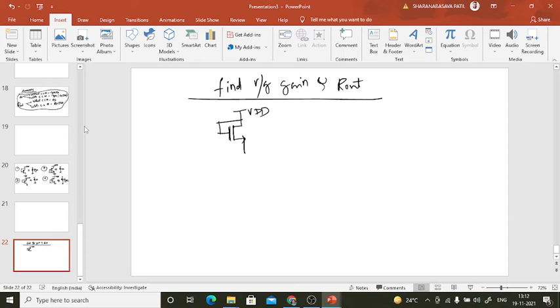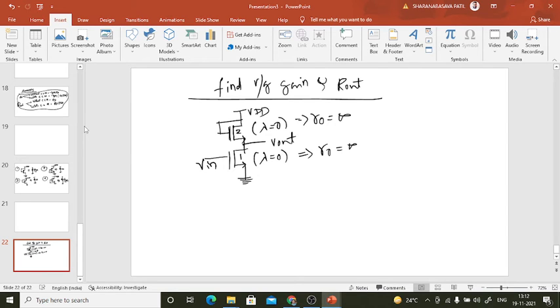We are giving Vin to this MOSFET 1, and this is MOSFET 2. We are taking output at this terminal, and both the transistors don't have channel length modulation, meaning R0 equal to infinite. Try to find the gain and R out for this.